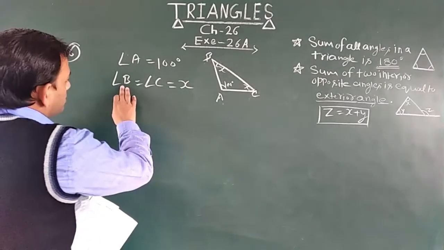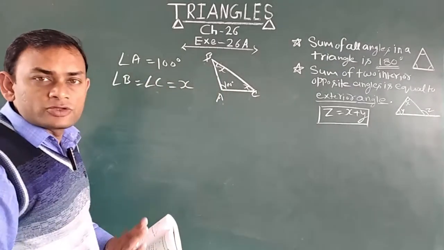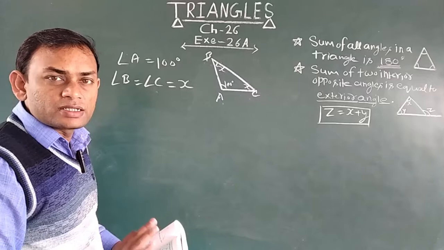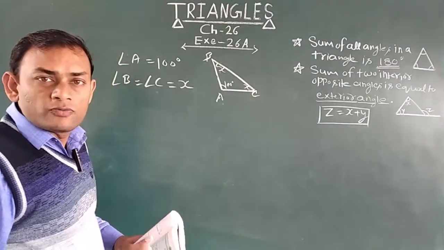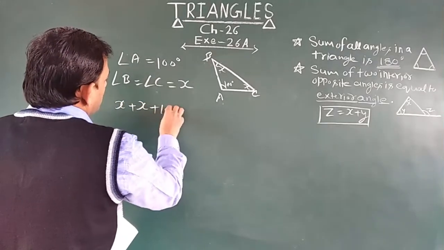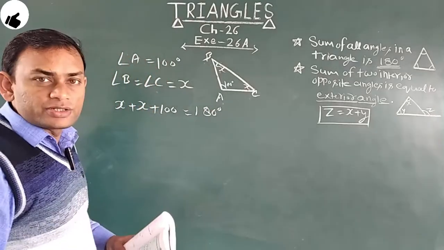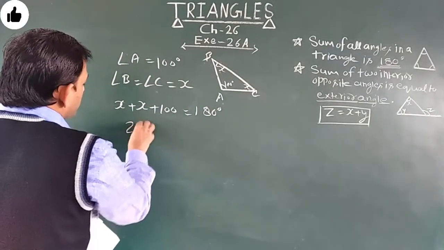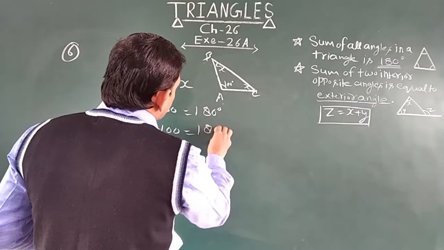The value of angle B is x and the value of angle C is x, and as you know, the sum of all the angles in a triangle is 180 degrees. So x plus 100 plus x will be 180 degrees. So it will be 2x plus 100 is equal to 180 degrees.